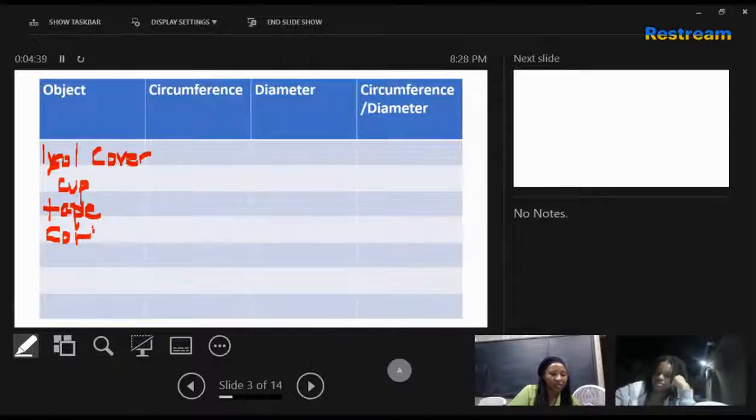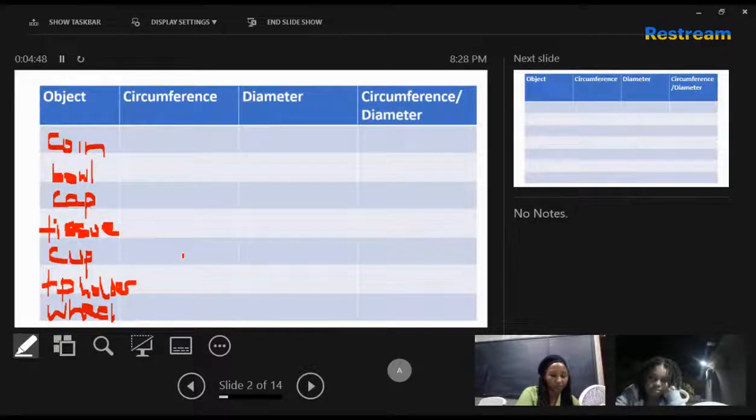So these are our objects that we're going to compare. So here's what I'm going to ask you to do. For each one, you're going to take the measuring tape and get the measurement of the circumference. So the circumference is the distance all the way around the outer edge of the object.